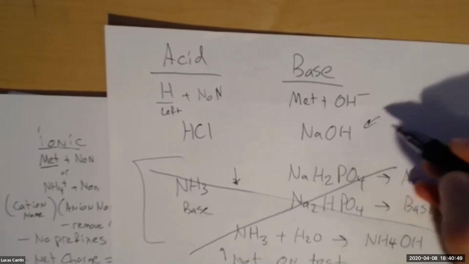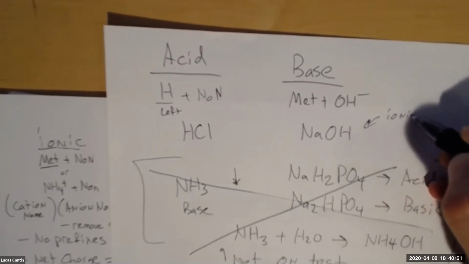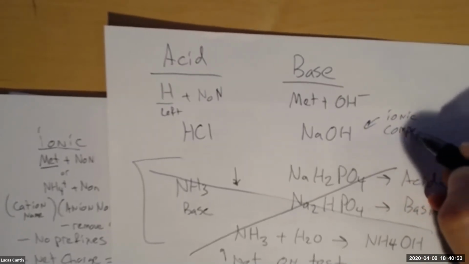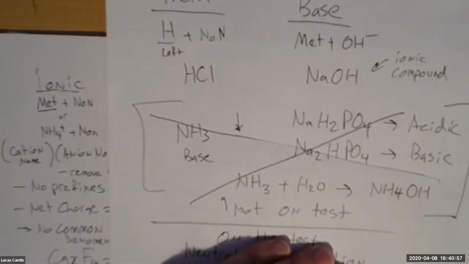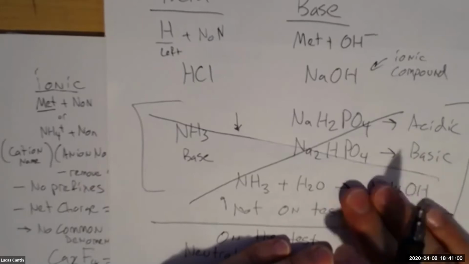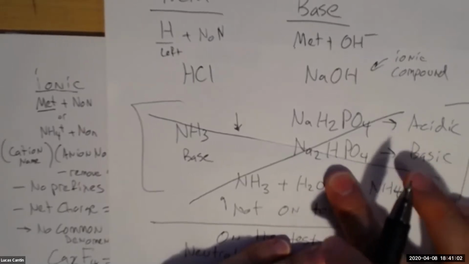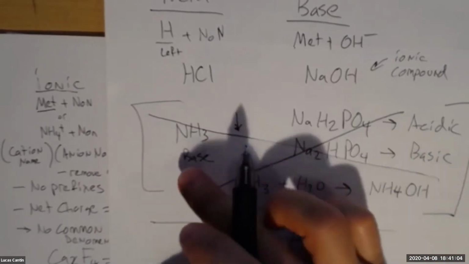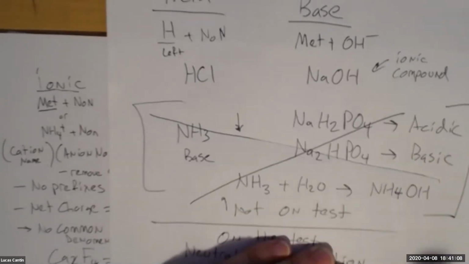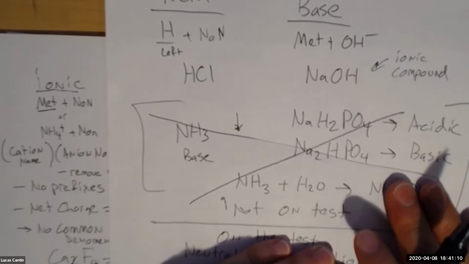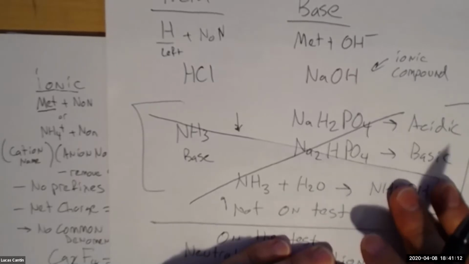Sodium hydroxide is a base, but it's also an ionic compound that happens to act like a base when it's in water. But what's not on the test is that other salts, other ionic compounds, and even other molecular compounds can act like acids and bases. We're going to look at that a little bit in chapter 8 at the very end of the semester.